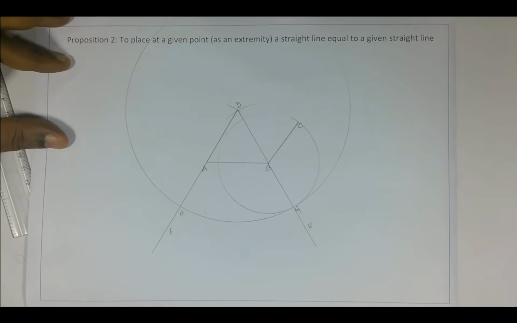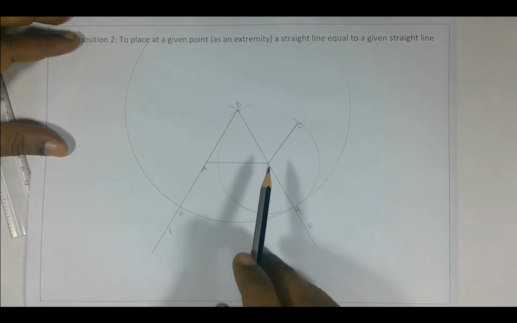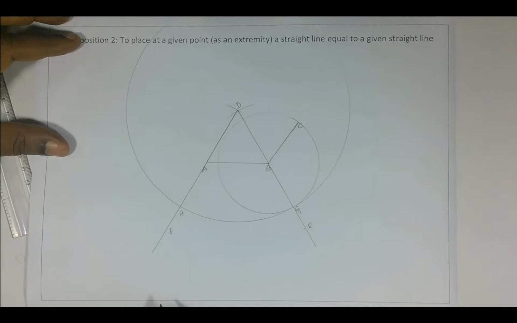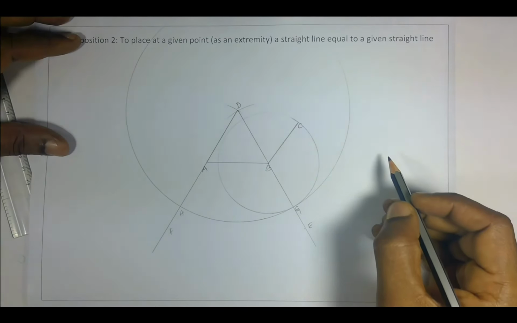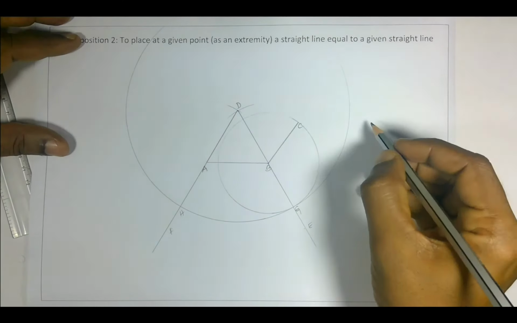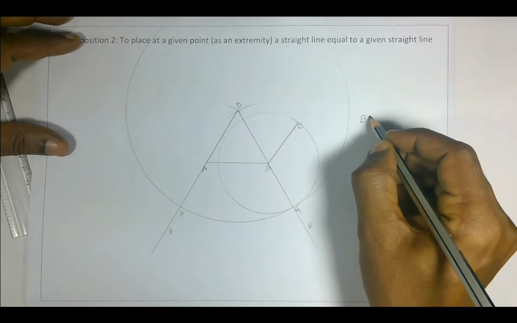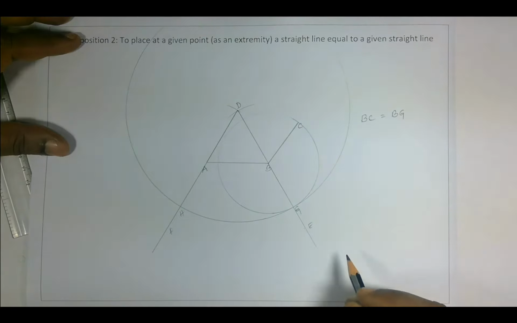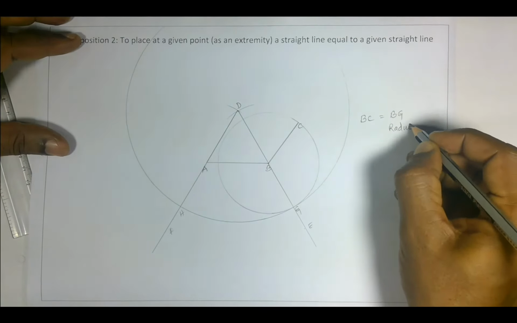Now let's see how we can prove that BC is equal to AH. That is what we have to prove. Now we know BC is equal to BG. Why? A radius of the same circle.